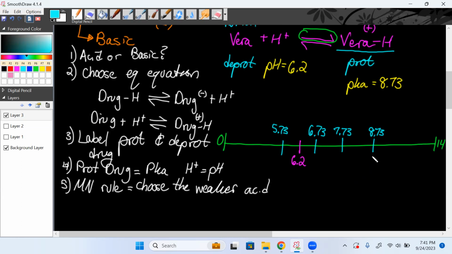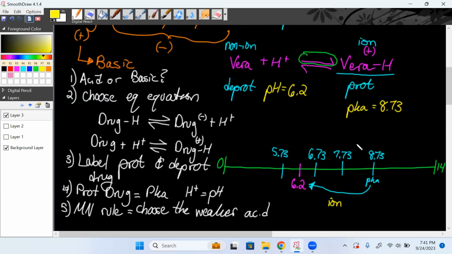So as we move from the pKa towards the pH, what form of the drug are we going to have? The ionized form, right? How do we know that? Because Mother Nature is telling us it's going to be the ionized form.